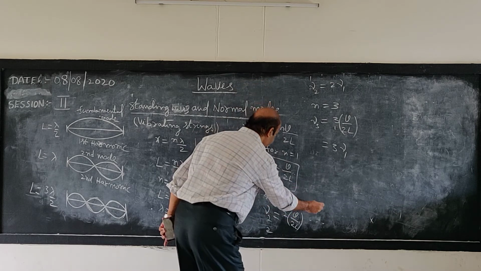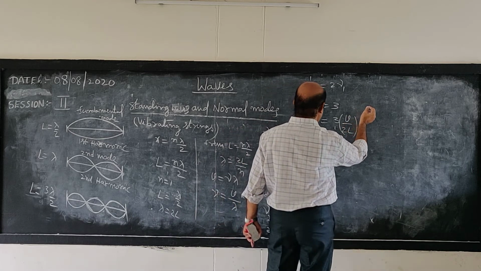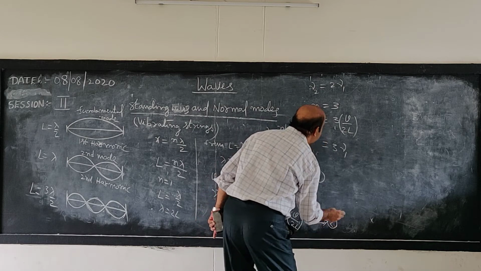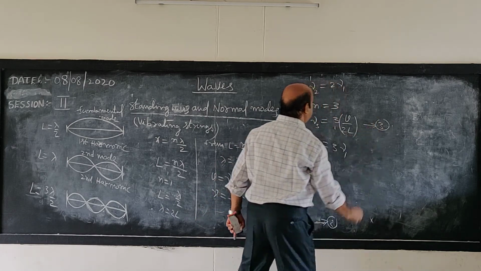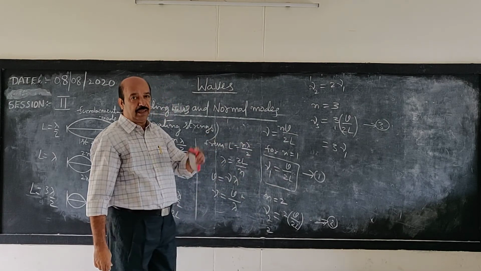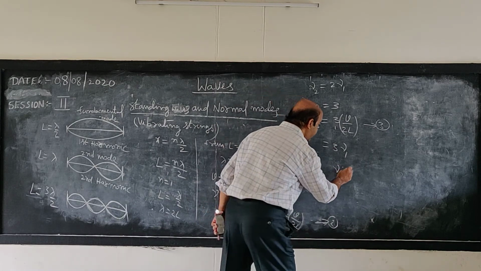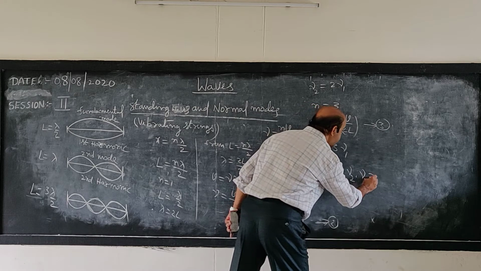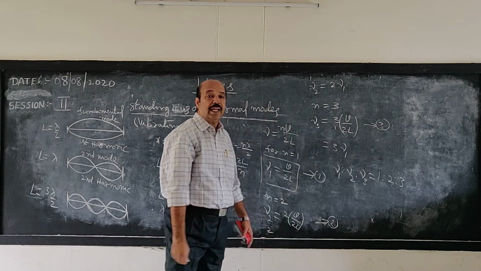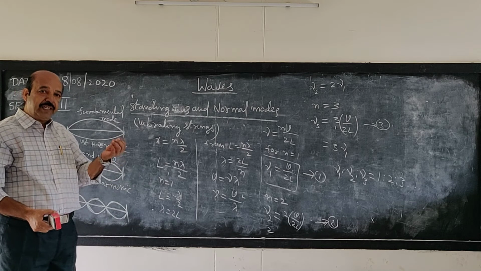Now observe the formulas we derived, 1, 2, 3, and like that you can continue. What we get is that the relation between the fundamental frequency and higher harmonics is 1:2:3, etc.